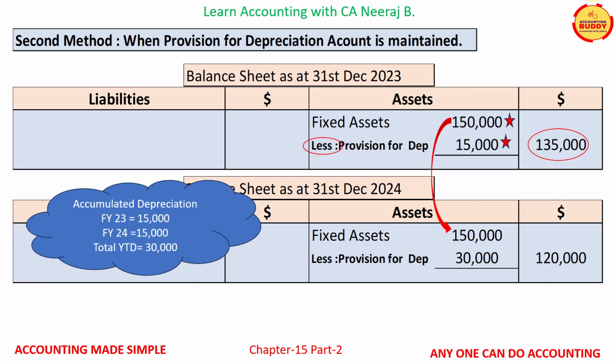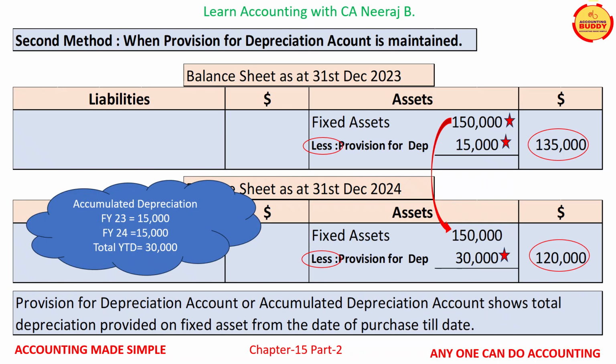That is $15,000 for the financial year 23 and again $15,000 for the financial year 24. Therefore, this accumulated depreciation amounting to $30,000 will be deducted from the original fixed asset cost of $150,000 and the net asset value of $120,000 as on 31st December 24 will be shown in the balance sheet.